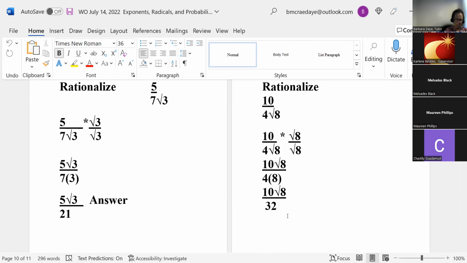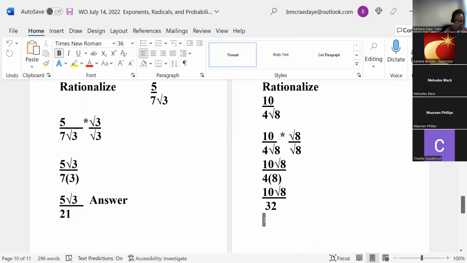No. Remember, this is a radical and these are numbers. What are factors of 10 and 32 that are common to them? 5. 5 doesn't go into 32. 2. Okay, so 2 into 10 is what?